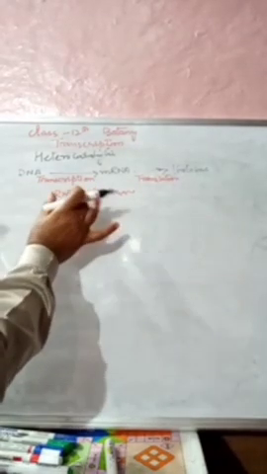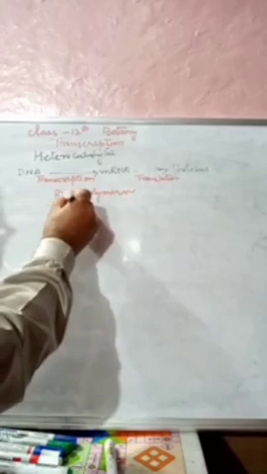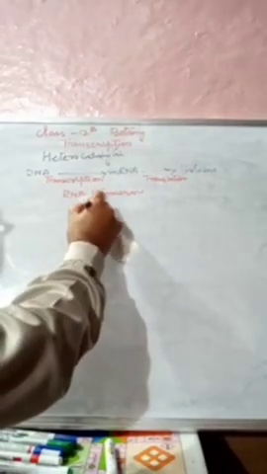RNA polymerase I gives rise to rRNA, RNA polymerase II gives rise to mRNA, and RNA polymerase III gives rise to tRNA.